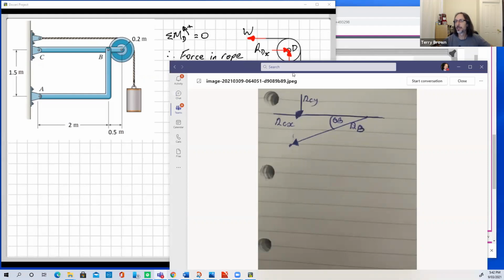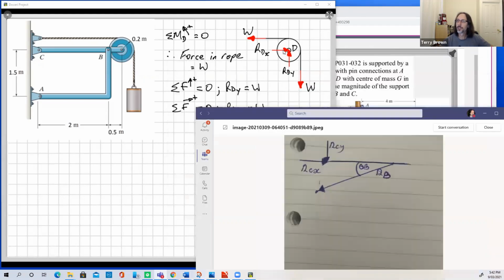But you're just missing these forces that we've just calculated here. Without forces here, we've got nothing to be able to determine these unknowns. So this is good. I assume that the direction of this force here is along this line AB.